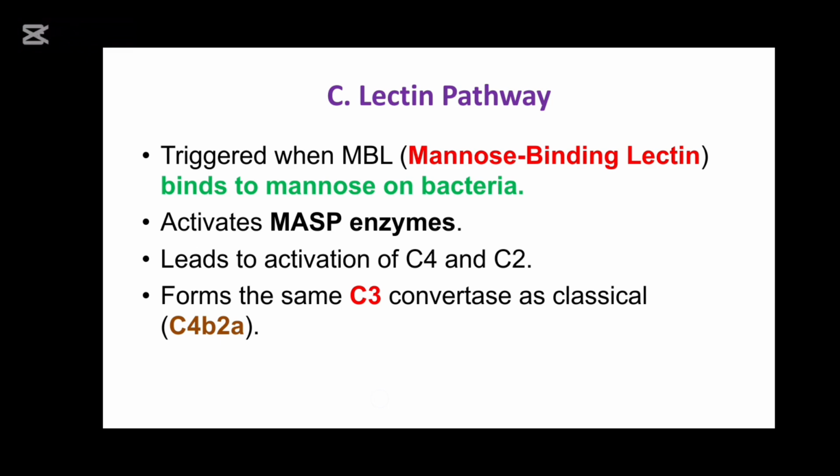In classical, it was made by an antibody-antigen complex, and activation of C1 led to the activation of C4 and C2. Okay, and then in the alternative, what was the product?